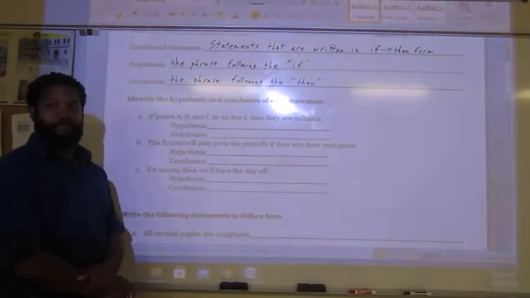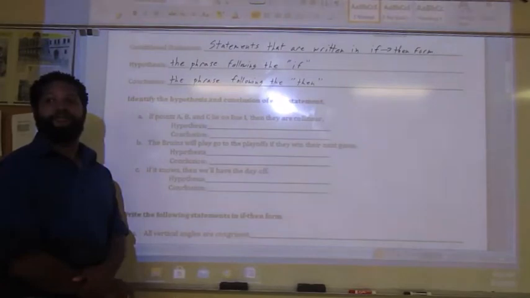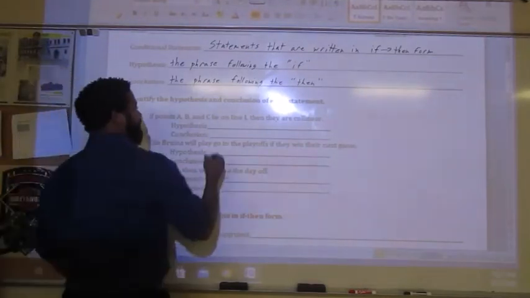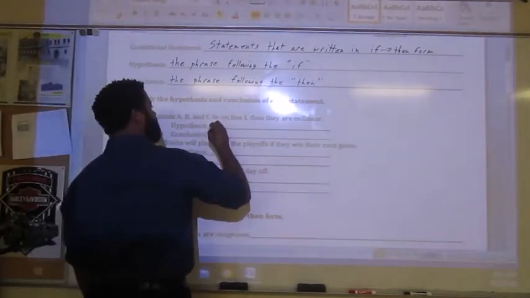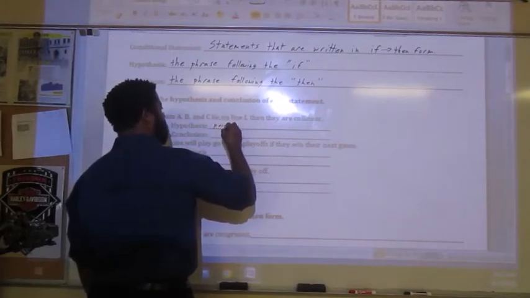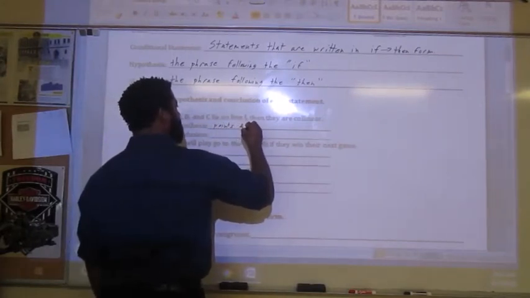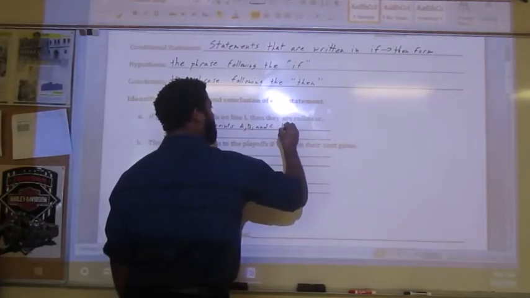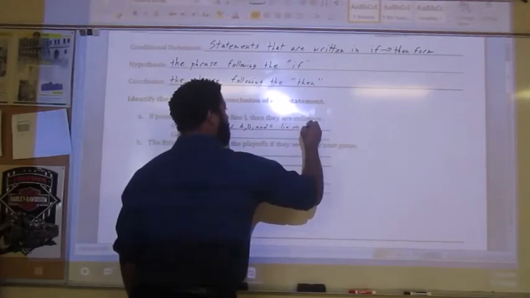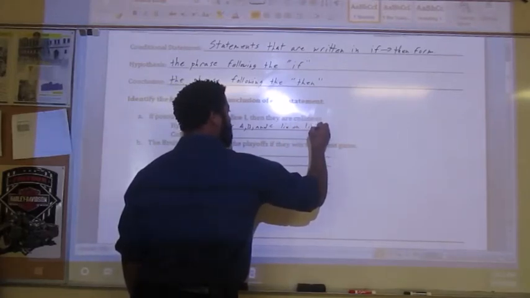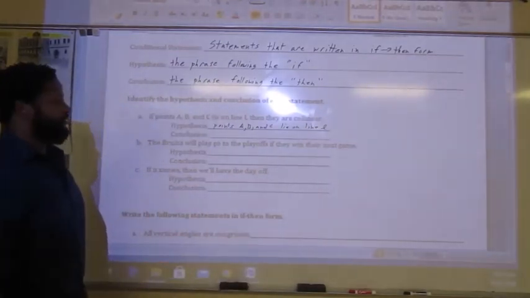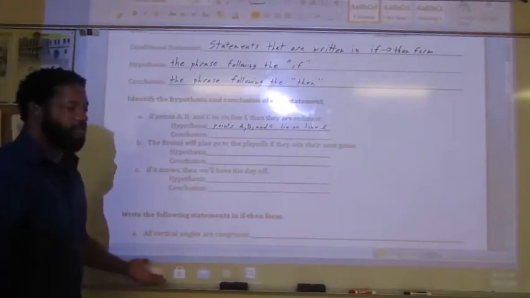It cuts off at line L. Points A, B, and C lie on line L. What's our conclusion?